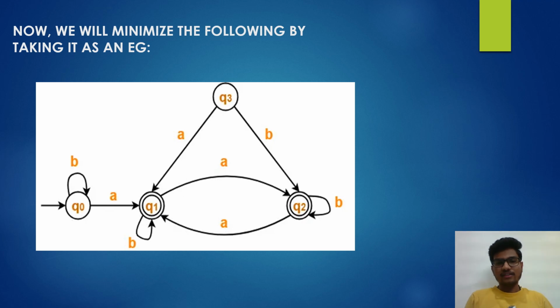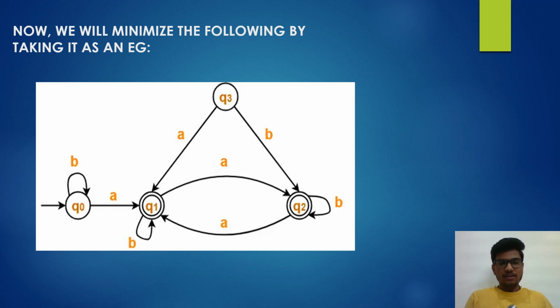Here we take the following example for explaining the minimization of the DFA concept. This figure contains the states Q0, Q1, Q2 and Q3. Q0 is the starting state, also called the initial state. Q0 has a self loop on B, and on A it goes to Q1.